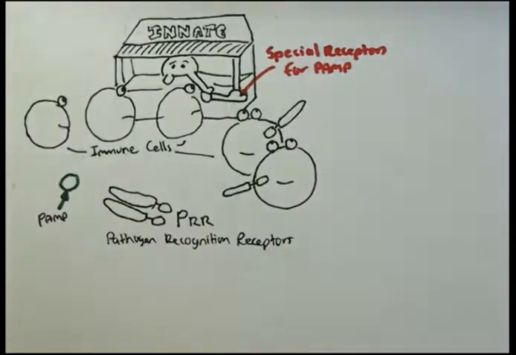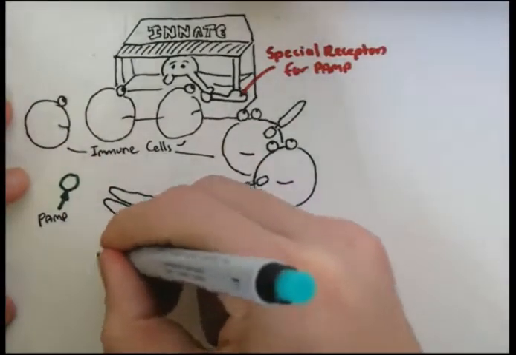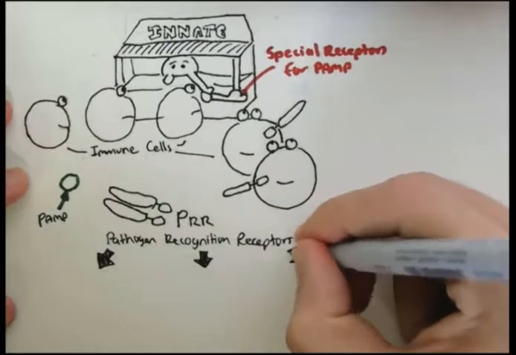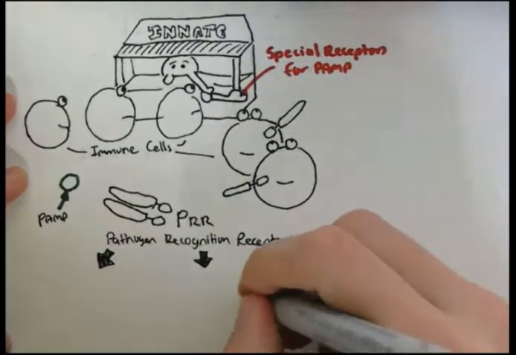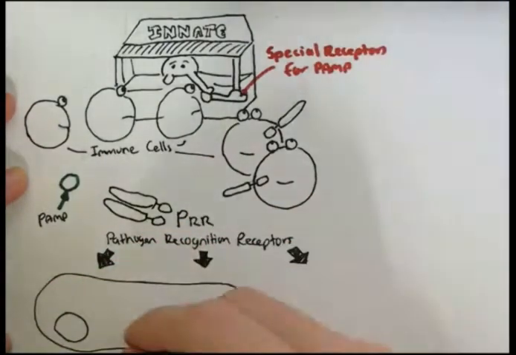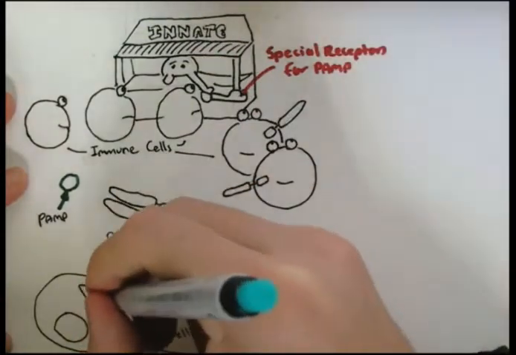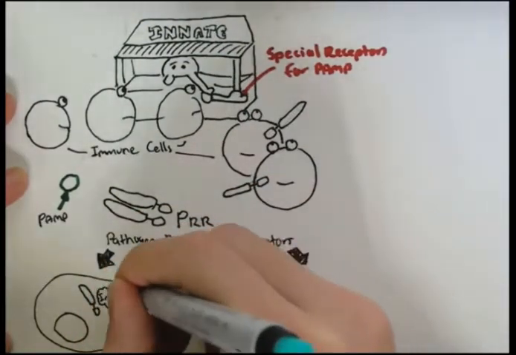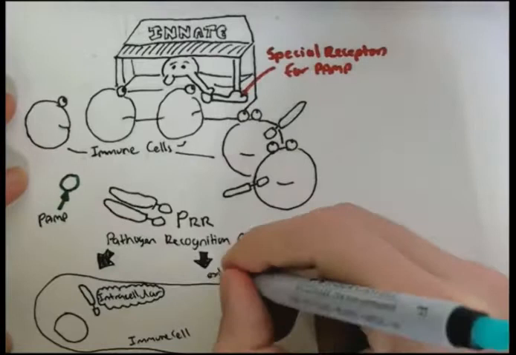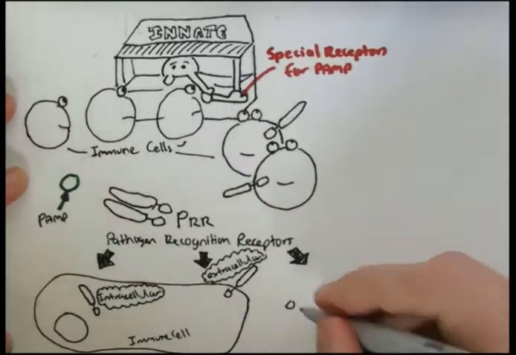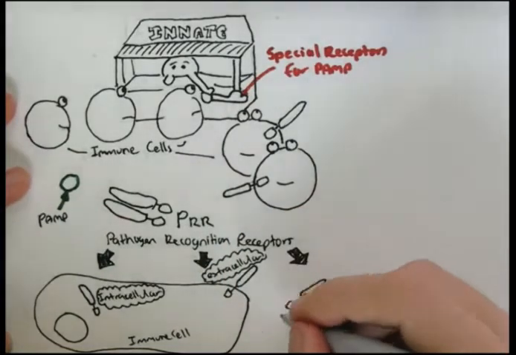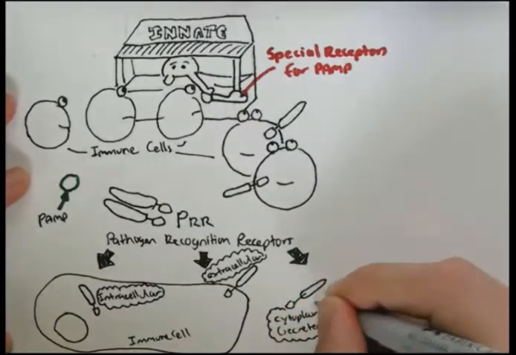Now there are 3 types of PRRs and they are found in different types of immune cells. So PRRs can be found intracellularly inside the cell, extracellularly on the cell surface, and secreted PRRs, which are usually used for tagging.